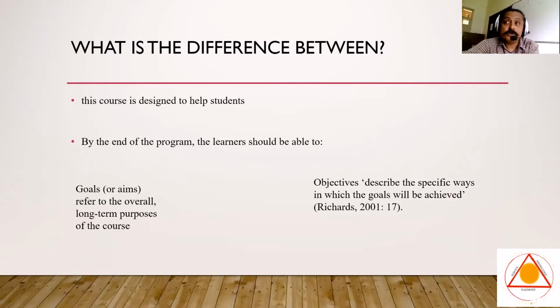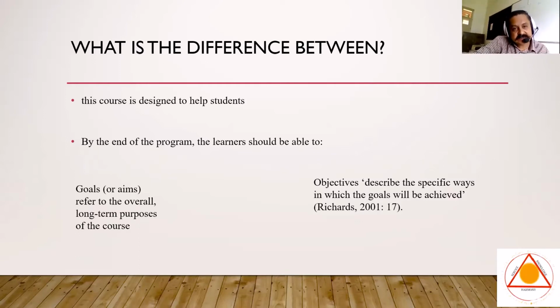And this is most important for a class, especially a language class, where you need to develop the linguistic competencies of your students. Let's take another example of goal and objective for English language learners.